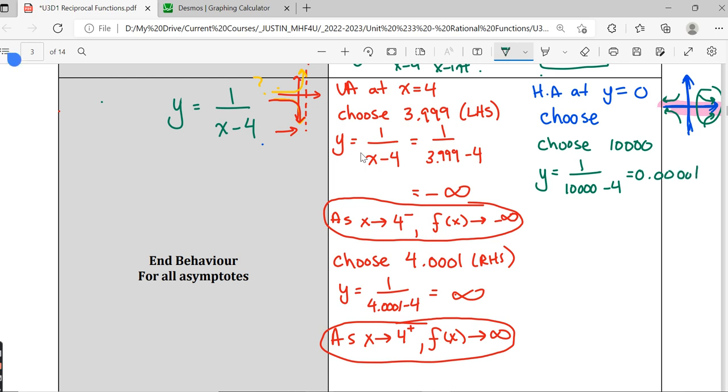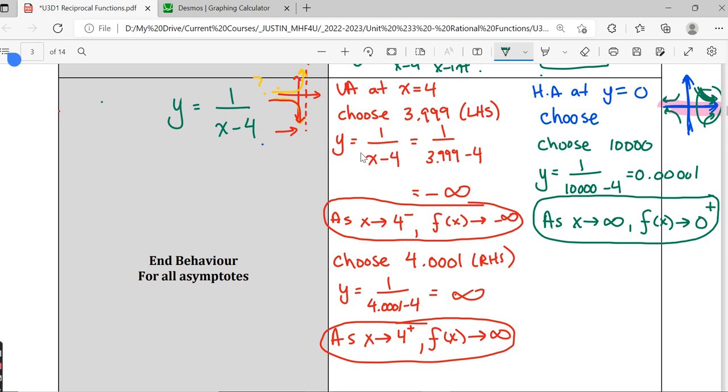Since it's positive, I know it's approaching from the top. So how do I write that? As x approaches a very big number, f(x) approaches 0 from above.